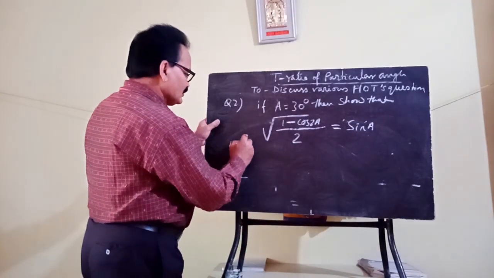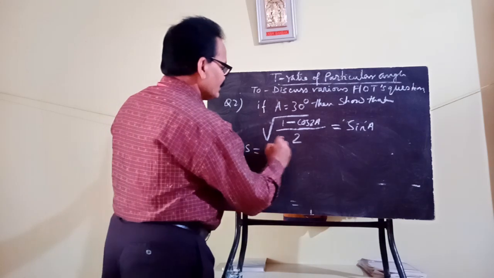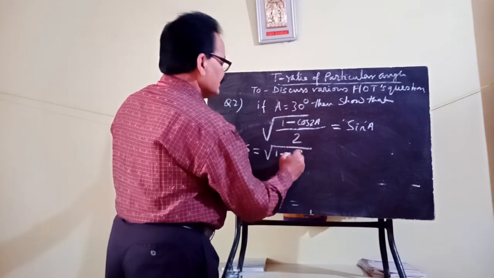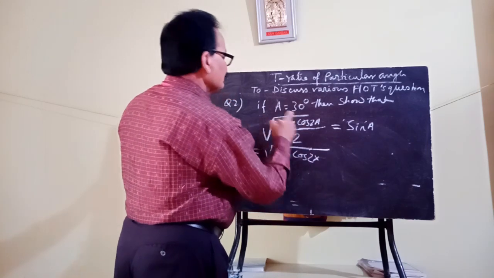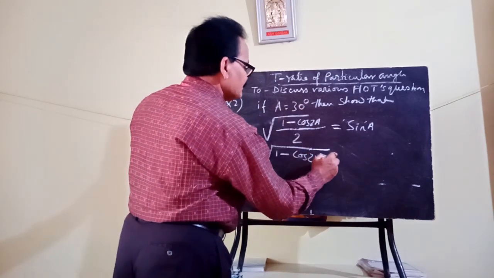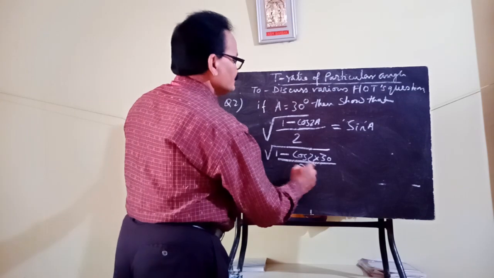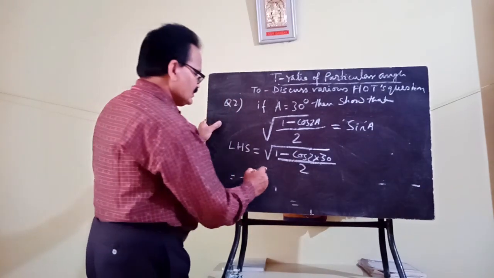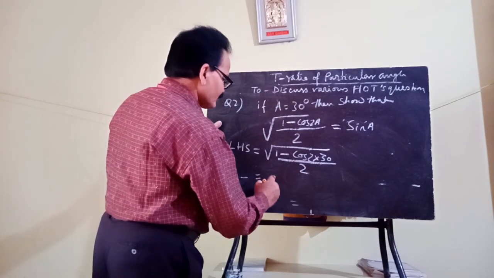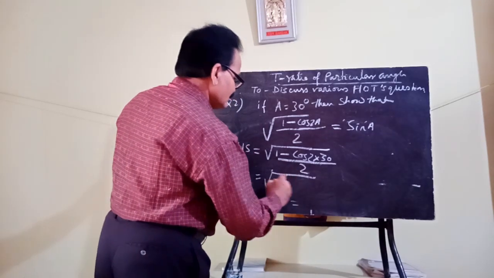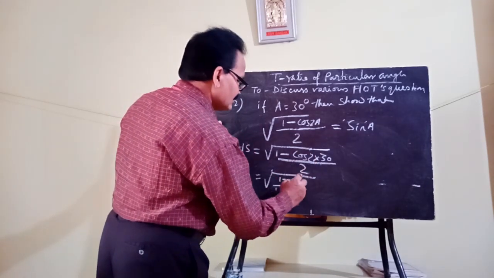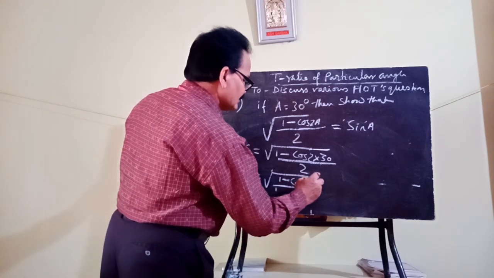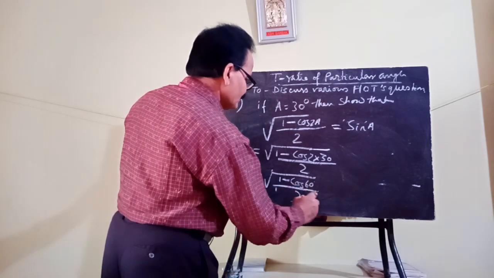Starting from the LHS, square root of (1 minus cos 2 into, put the value of A, 30 degree) by 2. So what will you get? Square root of 1 minus, this is cos 60 degree, by 2.